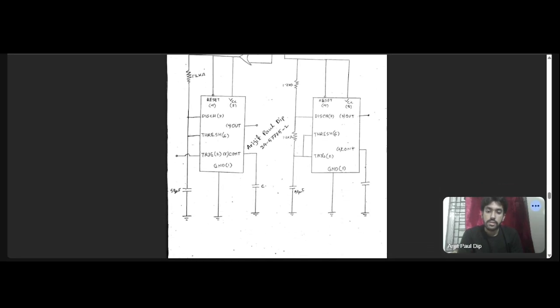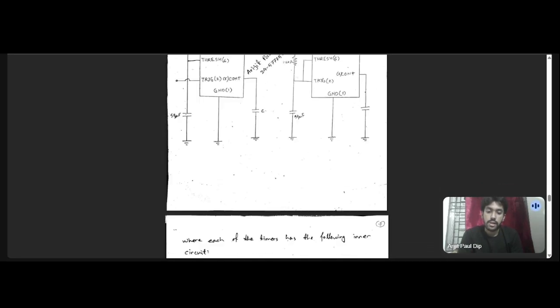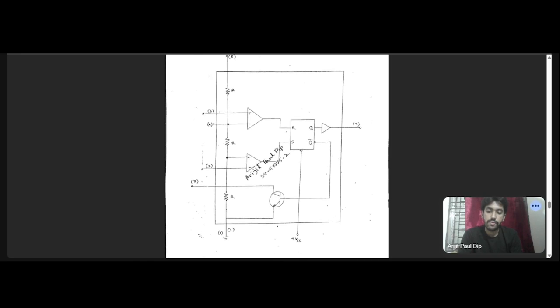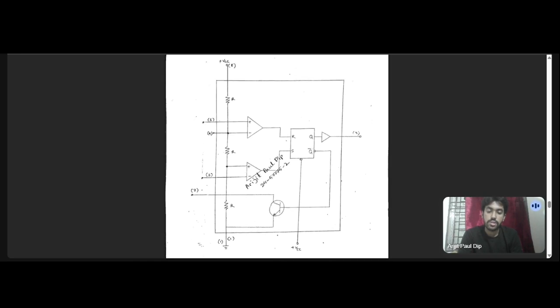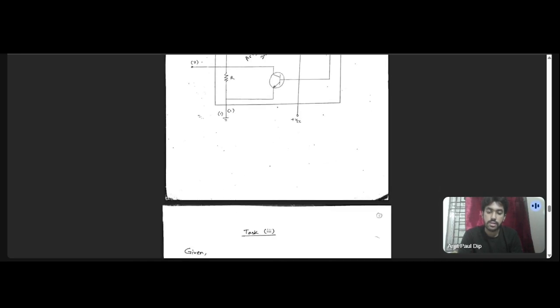And again, this is our timer circuit diagram, and from the inner side, each of the timer circuits looks like this.